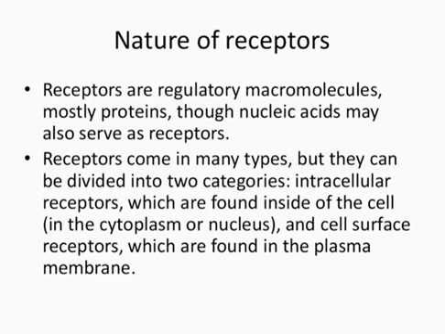Now receptors are basically regulatory macromolecules which are mainly protein in nature, though nucleic acid may also serve as a point of receptor. Right? Hundreds of receptor proteins have been isolated, purified, cloned, and the primary amino acid sequence has been worked out.